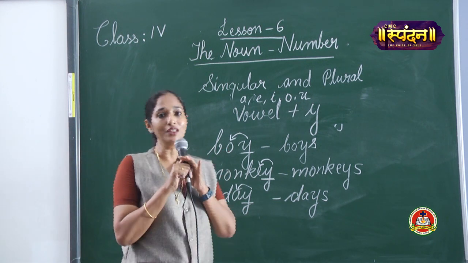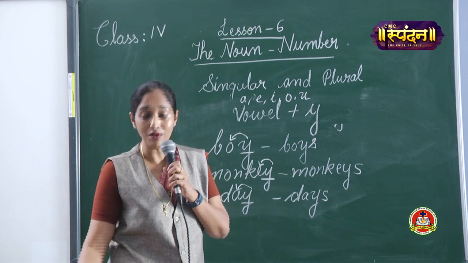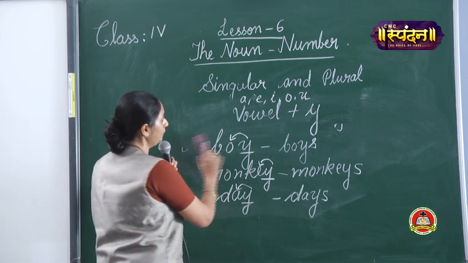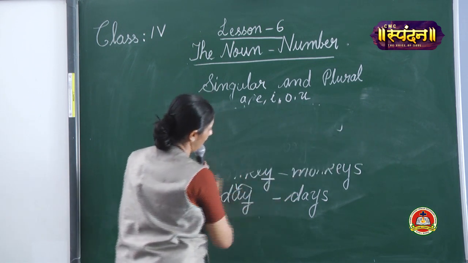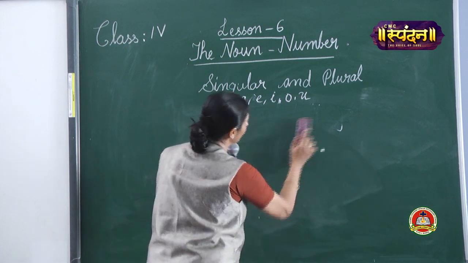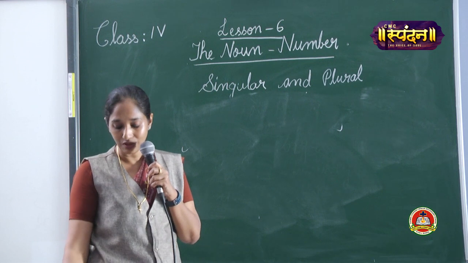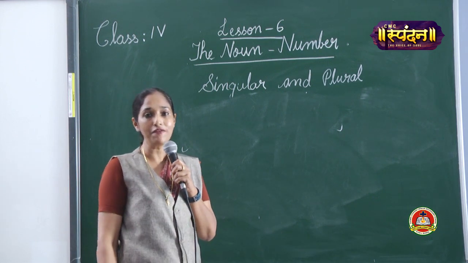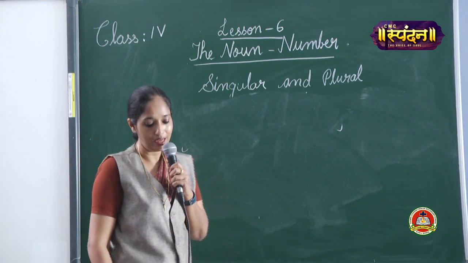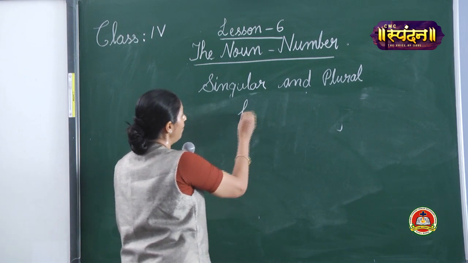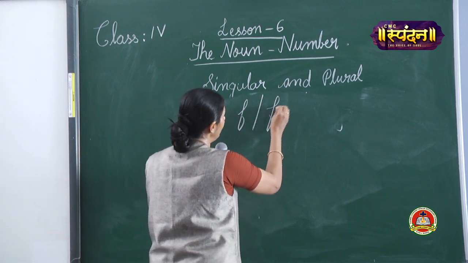Now, moving to the next type of nouns. So now we are going to have a look at the nouns that end in f and fe. Nouns ending in f or fe.